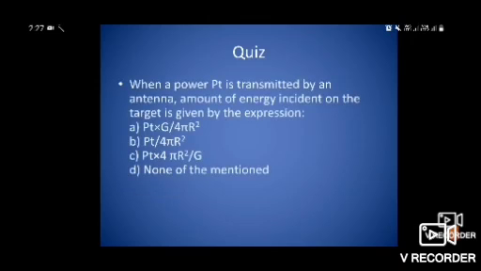And when a power PT is transmitted by an antenna, the amount of energy incident on the target is given by an expression.